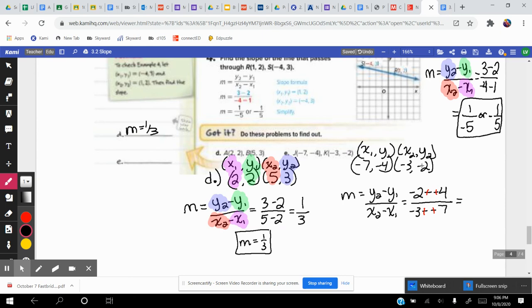This reduces for the numerator down to -2 plus 4, which is 2, divided by the denominator, -3 plus 7, equals 4. 2 fourths can then be reduced down to 1/2. Again, keep your slope as a fraction instead of making it into a decimal. Okay, now you're going to go on and try your own work.